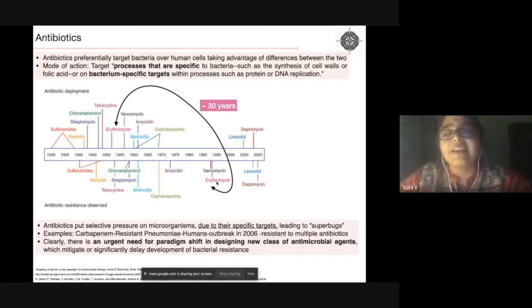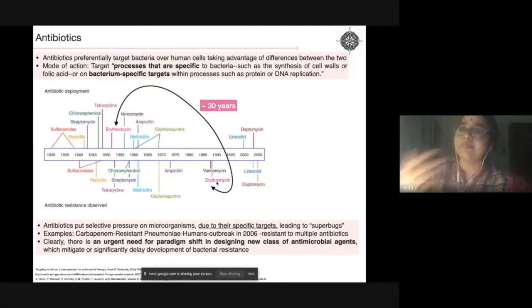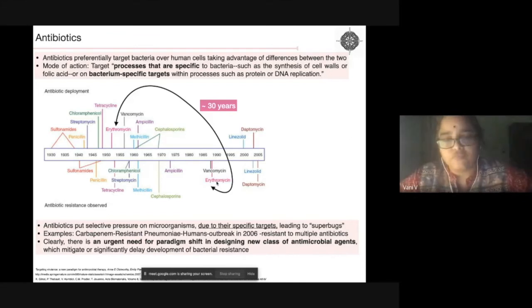Now, this is clearly a problem because these antibiotics are putting extensive selective pressure on these microorganisms. Basically, only those organisms which survive these antibiotics will keep procreating, and then you have to use stronger ones to kill them. And there is a great risk of having an outbreak where you cannot even have any antibiotic that has much effect on these things.